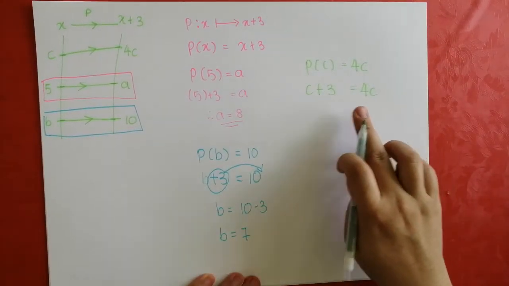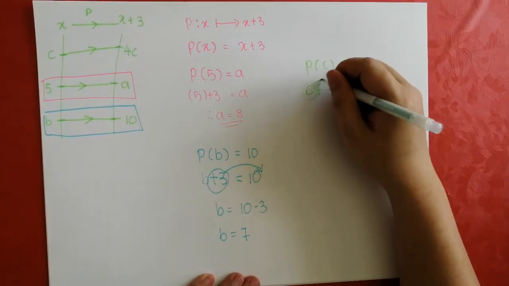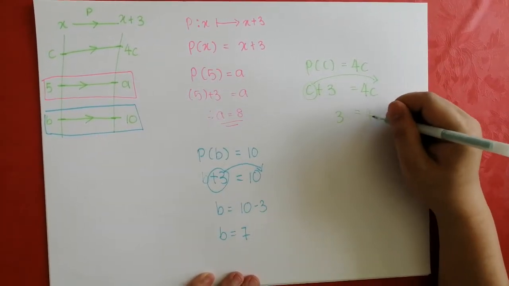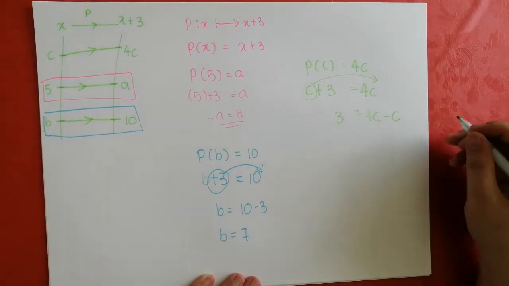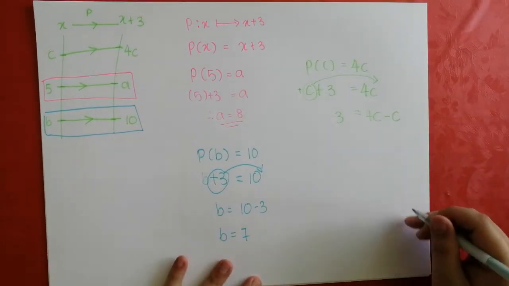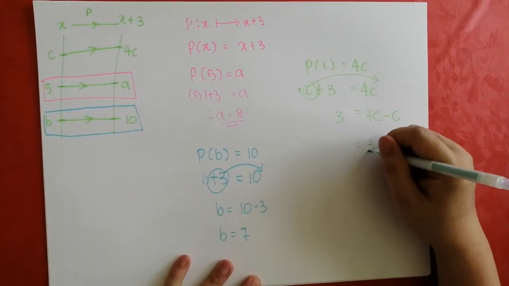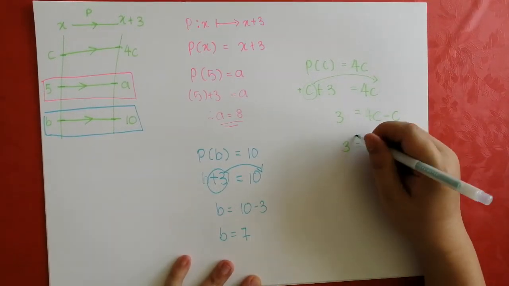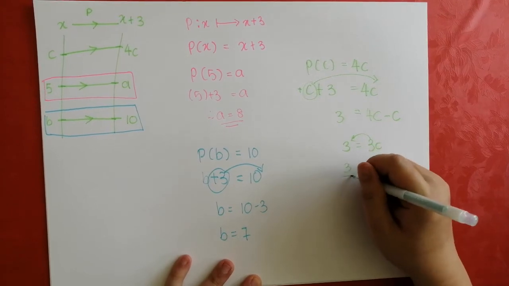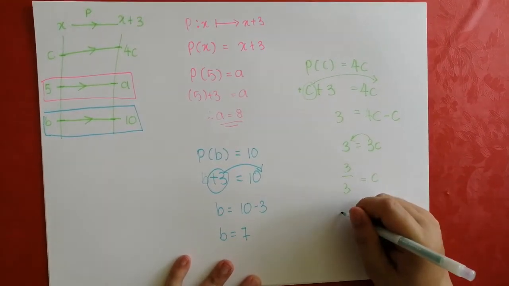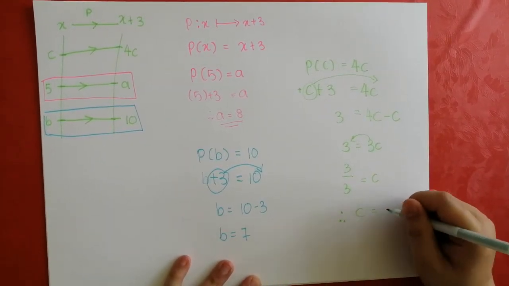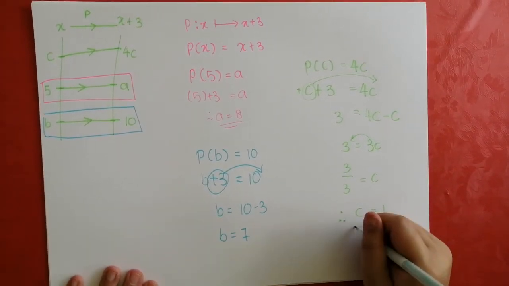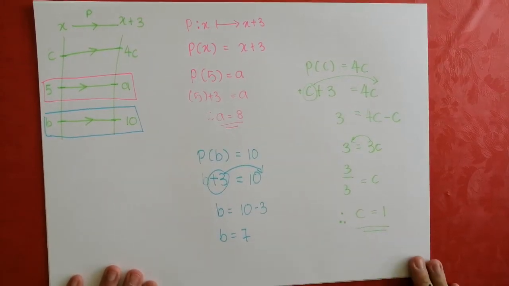Since both sides have c, let's move it to one side and collect all the like terms together. So you have 3 equals 4c minus c, because this is a positive. 4c minus c gives you 3c equals 3. Then bring 3 to the left, it becomes divide. Therefore, c is equal to 1. Alright, so you have your values for a, b, and c.